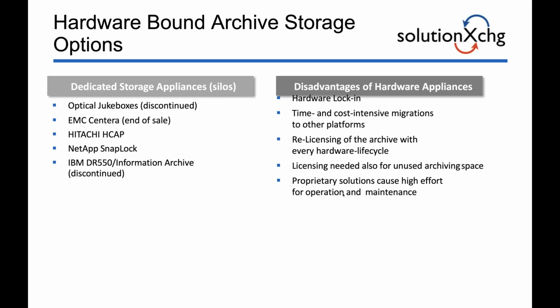The solutions need to be licensed according to what you expect your archive to grow to. You can't flexibly grow your archive when your data actually is growing. When you're switching out these appliances, you have to relicense a whole new appliance, not just the software component as it would be with iTernity iCAS.